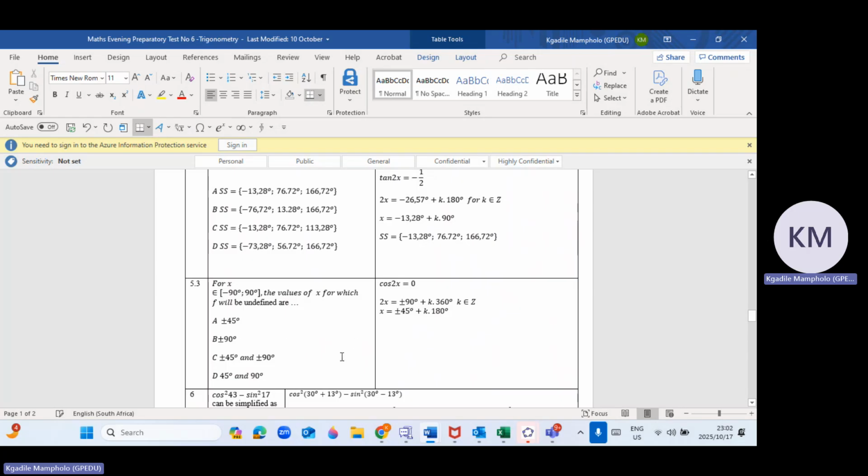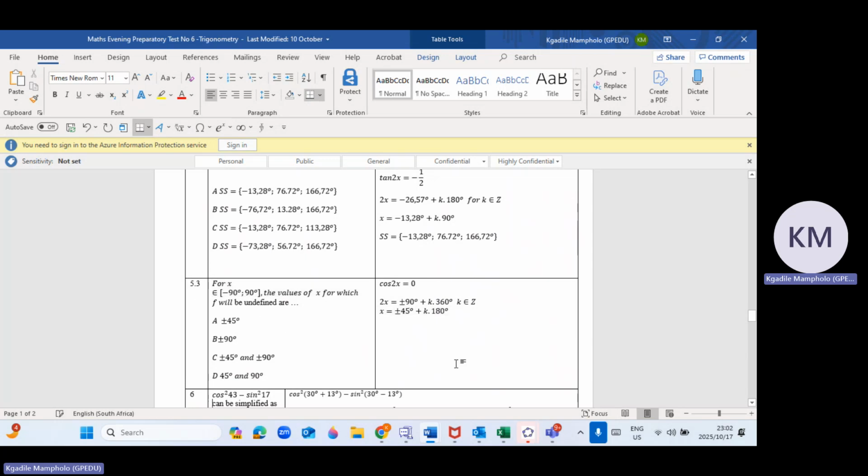Now the answer will just be plus or minus 45, because if k is 1 or minus 1, for k is 1, you say 180 minus 45, which is 135, and 135 falls outside the given interval.